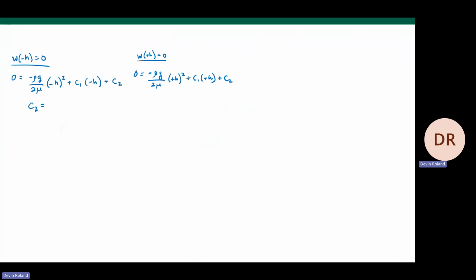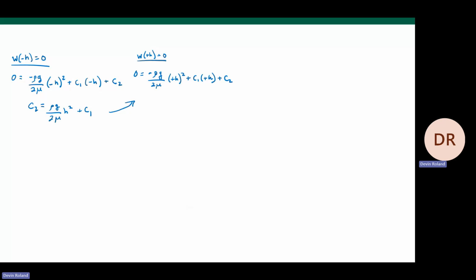So C2 is going to be equal to rho g over 2 mu h squared plus C1 h, if we move that over to the other side.